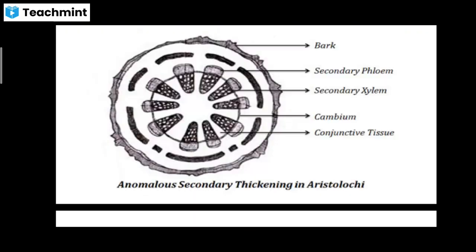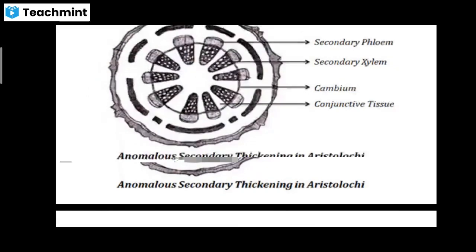The outermost layer is the bark, then there is the cork cambium, and at the center there are some secondary xylem and conjunctive tissue. That means phloem and xylem are developed due to the activity of the cambium.